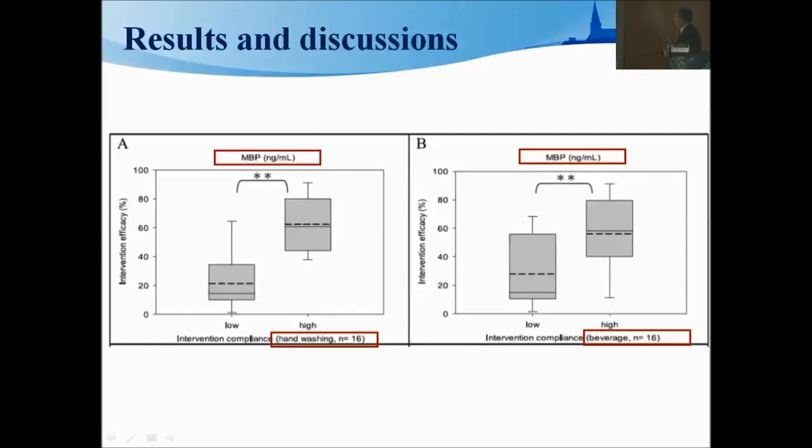And this figure shows the favorability. If the girl drinks with lower frequency from plastic cups, we can find the intervention efficacy is higher than the low one. And we can find in the DEHP metabolites such as MEHP and UHP, we also find it is related to the frequency impact.